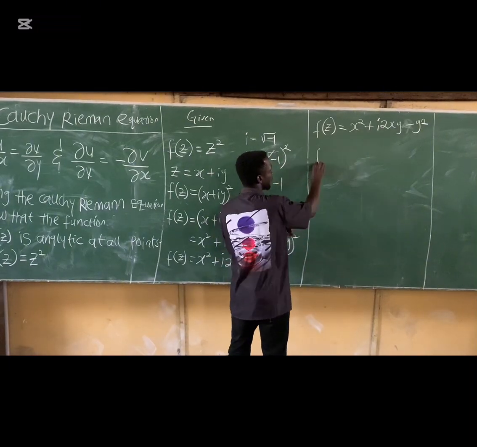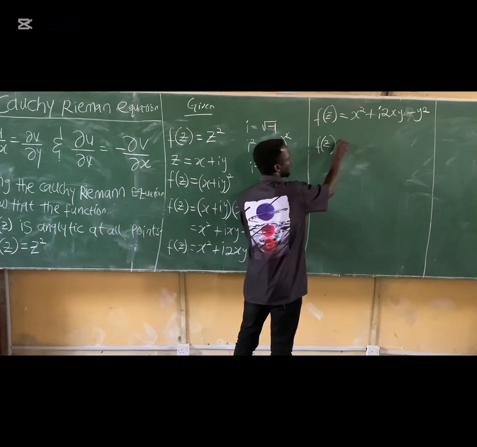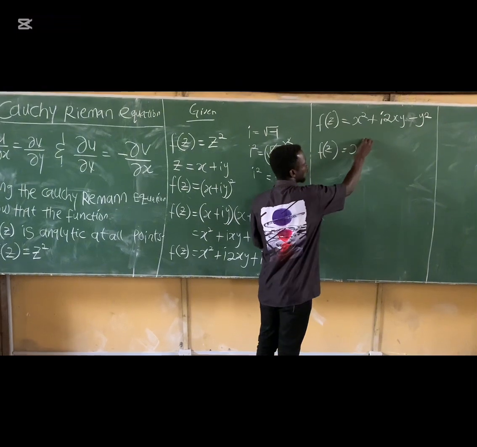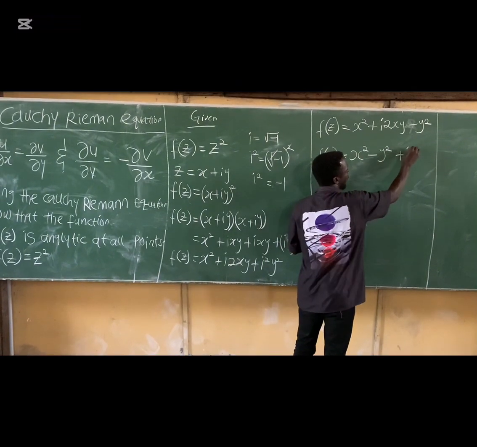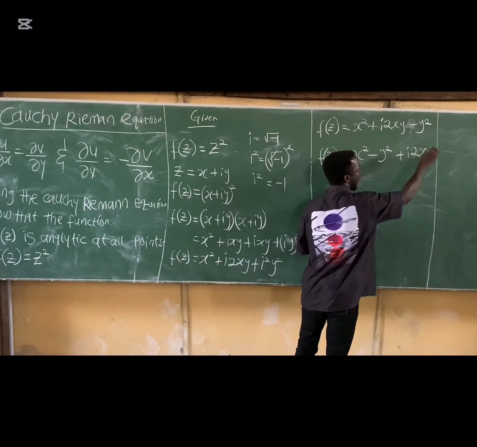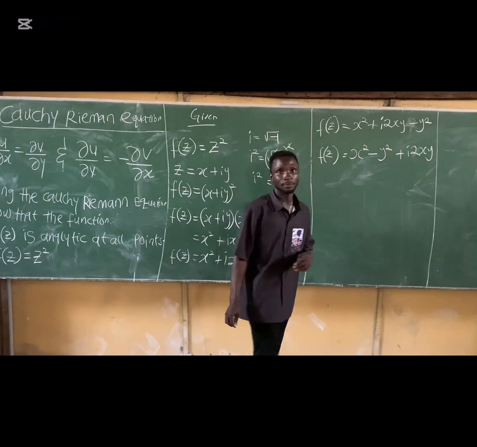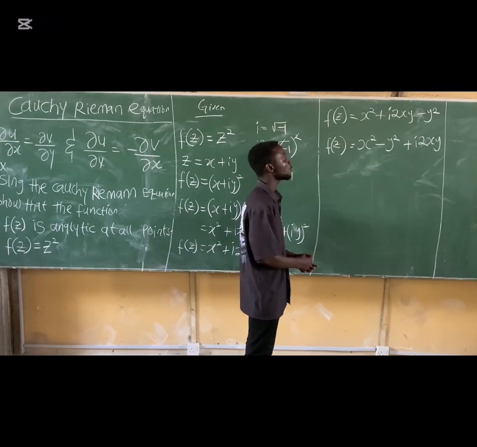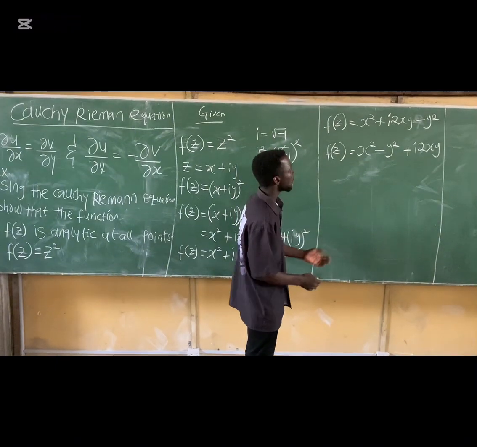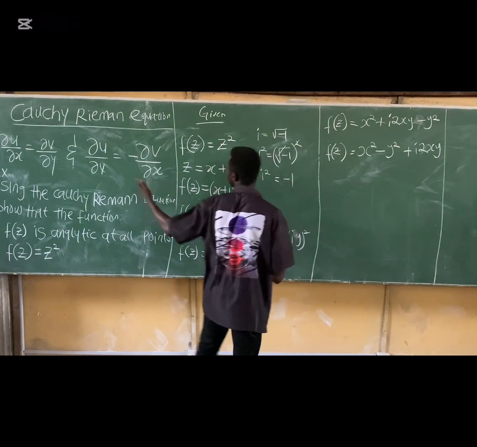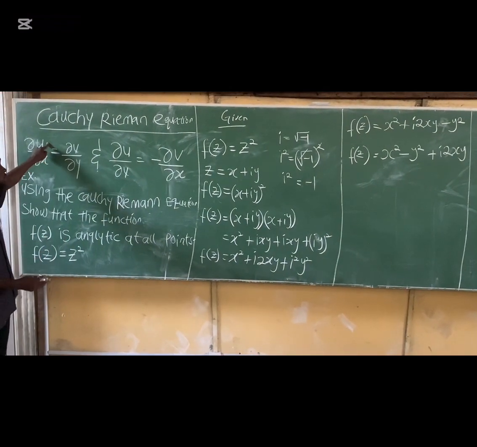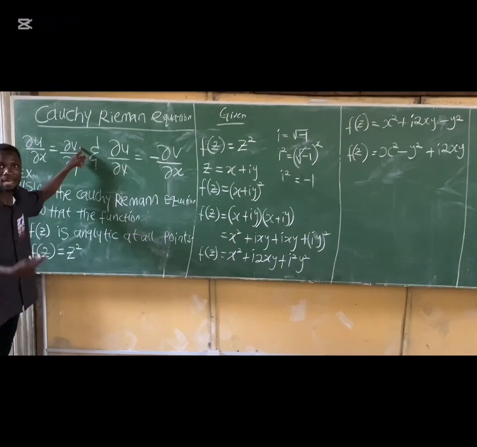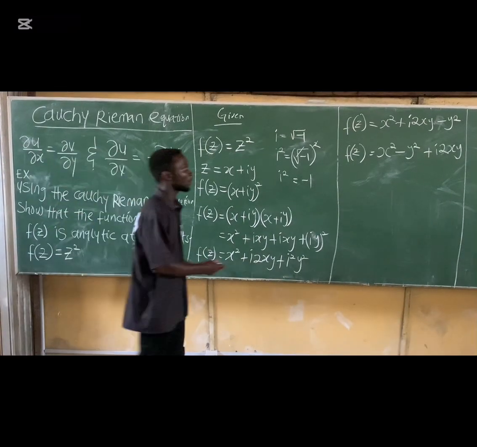So this gives us f of z equal to x squared minus y squared plus i2xy. Now, we said that u denotes the real part of the complex function, and v denotes the imaginary part of the complex function.